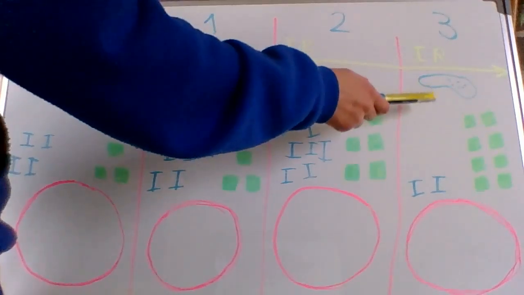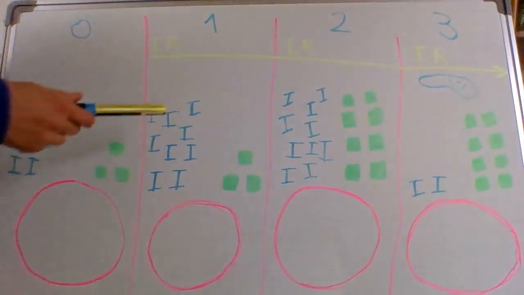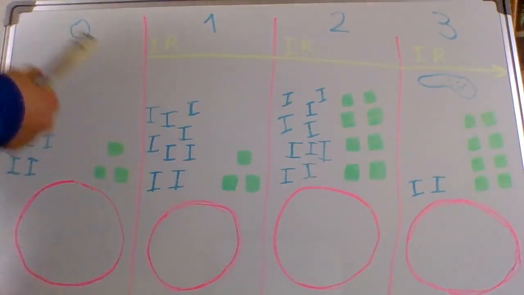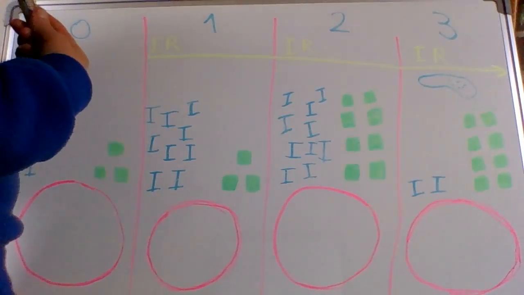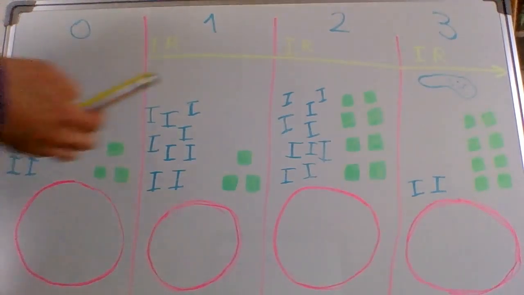And at the next stage, because of this non-stop overproduction, the pancreas beta cells will start to die out, or start to get destroyed, and they will be able to produce less insulin.